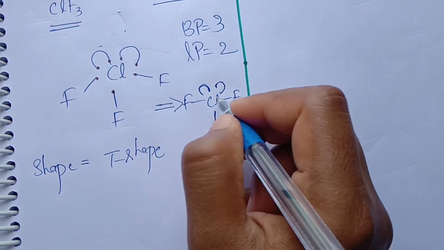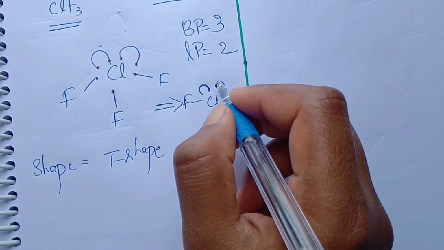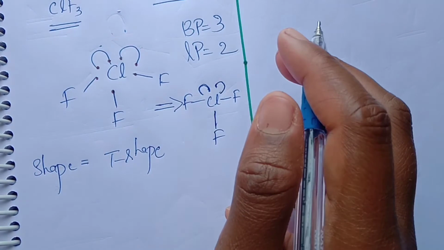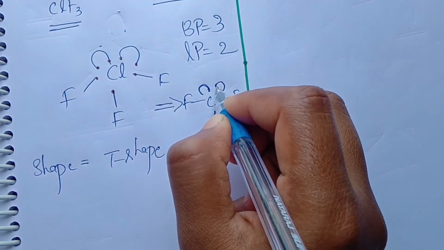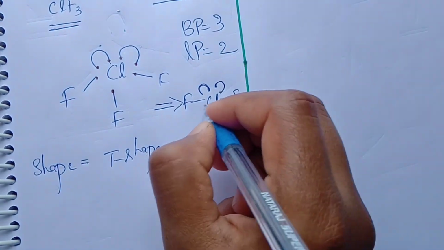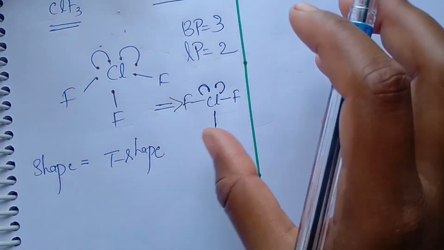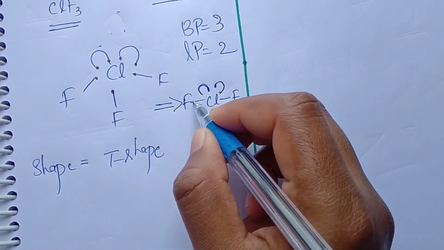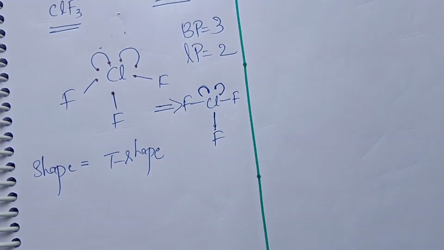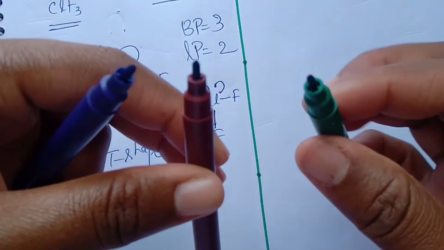H2O acquires a bend shape. Upper and lower have the 2 lone pairs. Here the lone pairs appear on the central atom on this side, so the repulsion will be somewhat low, because here bond pairs surround the chlorine. Yes, I will show you how it acquires a T shape.